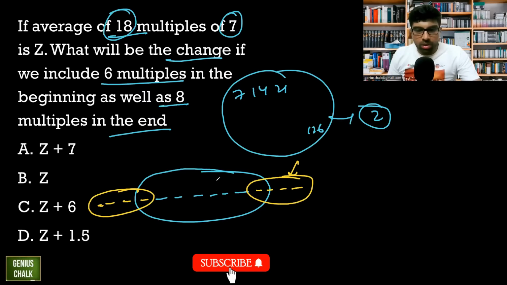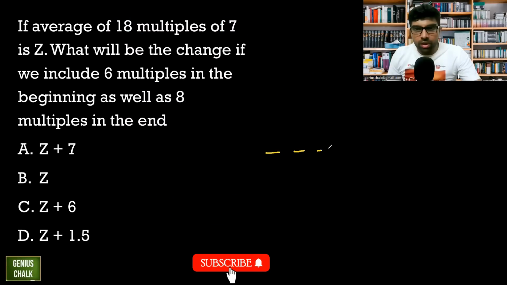Why so? Let's take some numbers to understand. Let's say I'm having 3 numbers. Let's take some multiples: 24, 22, 26. These are the multiples of 2, let's say. Now, its average is right now 24.